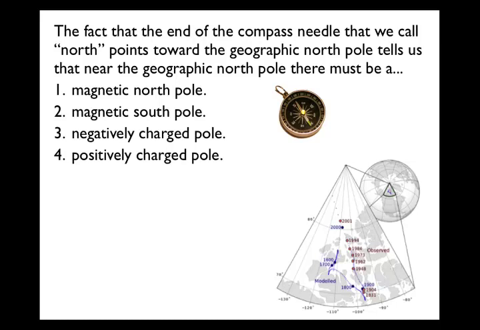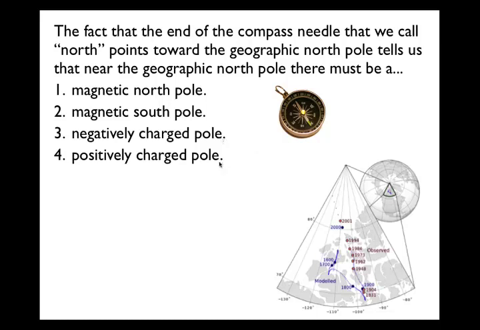Again, by definition, since we're calling the end of the magnet that points to geographic north the north end of that compass magnet, and we've also observed that opposite poles of magnets attract one another, the pole that is in the geographic north region of the Earth must itself be a magnetic south pole. It's not either positively or negatively charged.